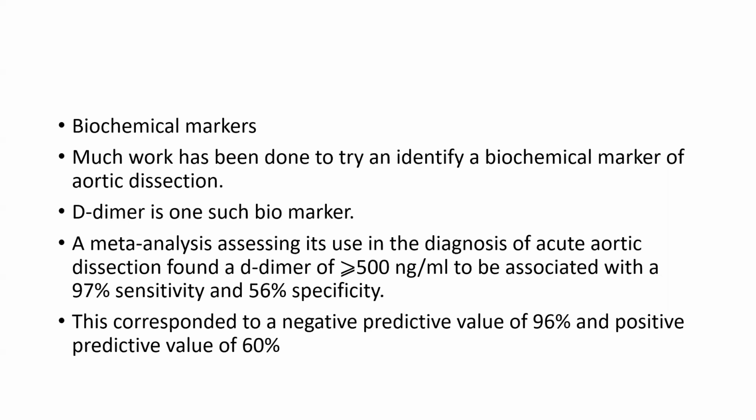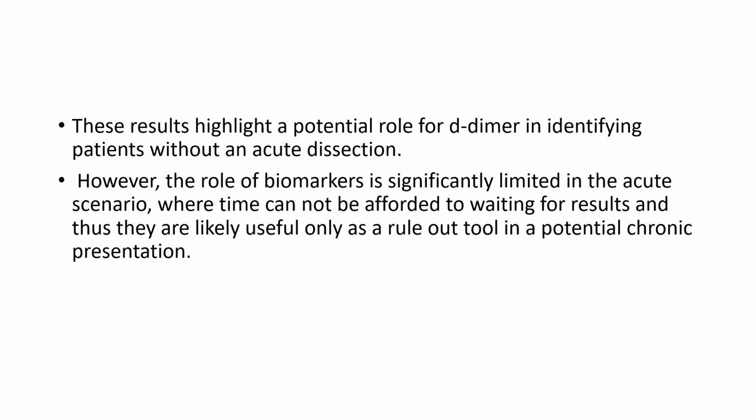This corresponded to a negative predictive value of 96% and a positive predictive value of 60%. The result highlighted the potential role for D-dimer in identifying patients without aortic dissection.